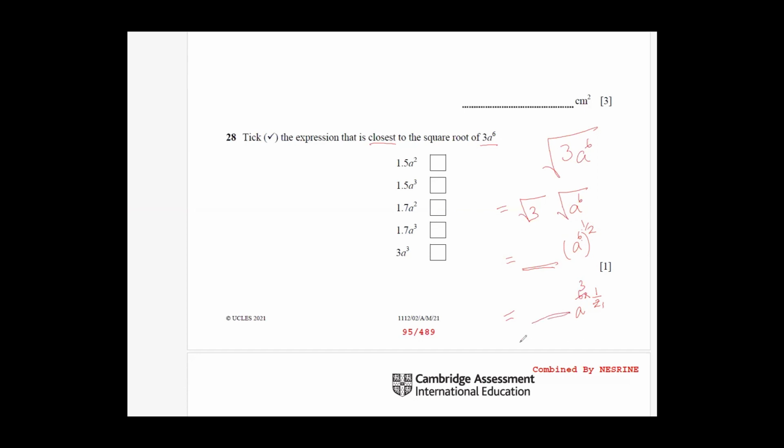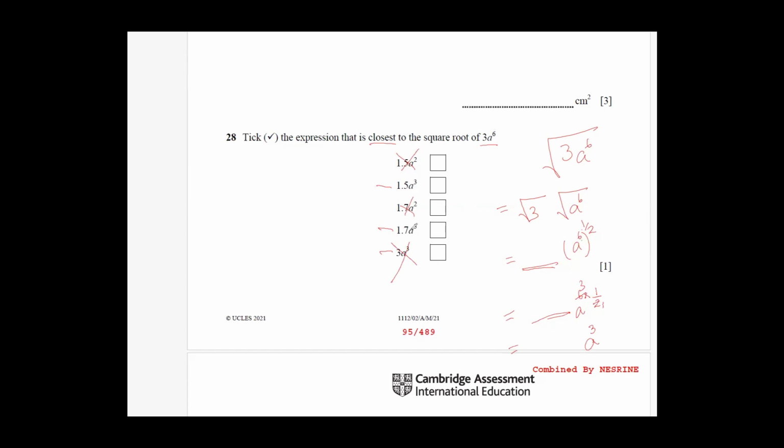That means the answer would be including a cube term. So we vanish this one, we vanish this one. So now the answer could be either this one, or this one. Since square root of 3 is not equal to 3, this also vanishes.